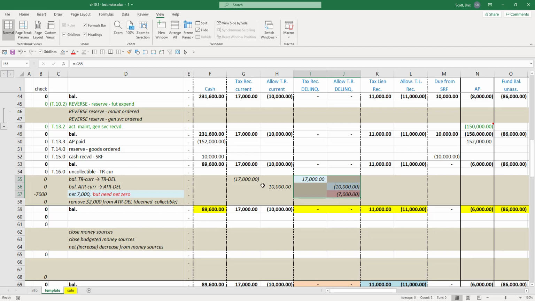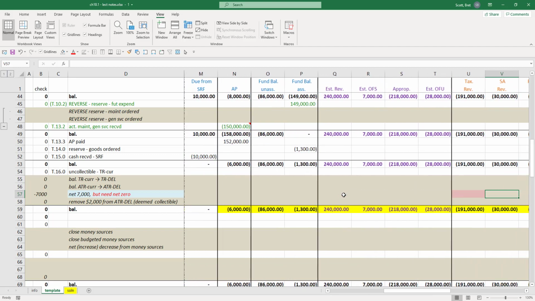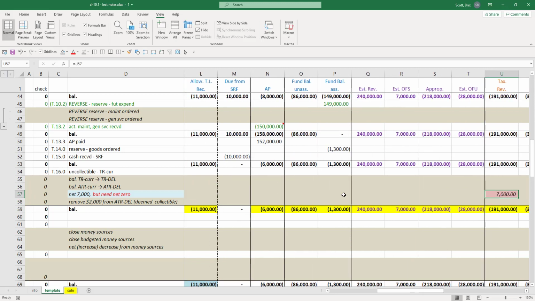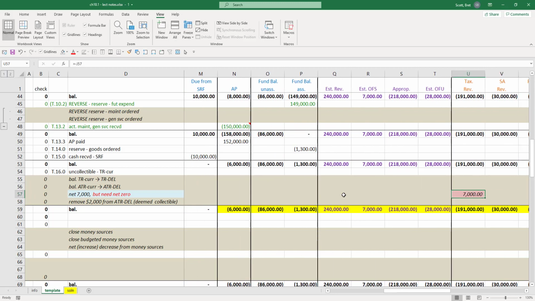I could say at this point that I tried my hardest to collect on that 17 million all year long, and I got nowhere. Does it make sense to increase or adjust the allowance so that it's fully reserved? Sure, I can make an argument for that. And if I do, what I would say is the amount of tax revenue for the current year was too high. I need to reduce my tax revenue because I, at this stage, think that maybe I didn't reserve enough. 5% wasn't really high enough, right?